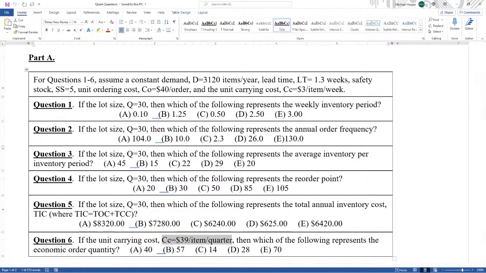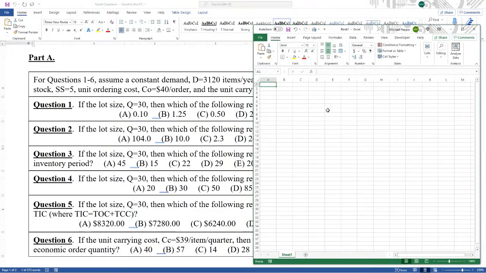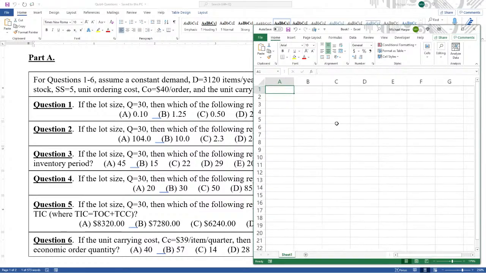So in order to do this, let's bring up Excel and set this up. Let's enlarge this a little bit.